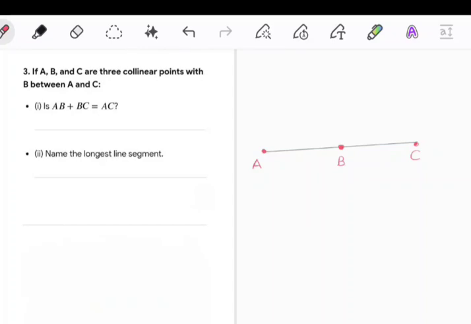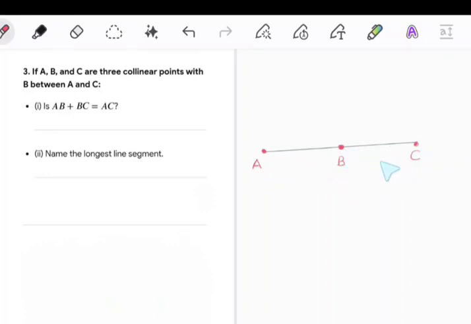Question number 3. If A, B, and C are 3 collinear points with B between A and C. Question number 1: is AB plus BC equals AC? Since the point B is between A and C on a straight line, the sum of the 2 smaller parts equals the whole.